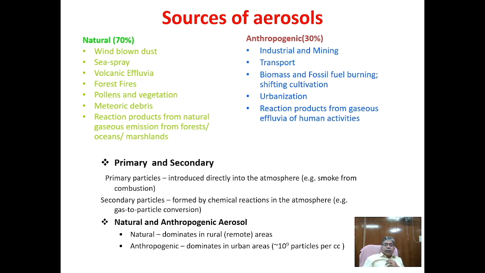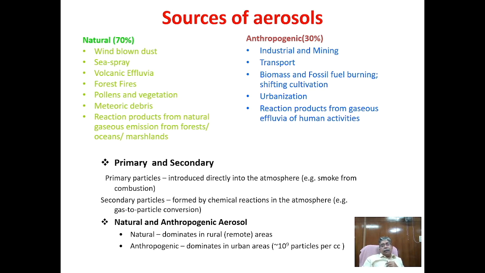So there are various sources of these aerosols which are going into the atmosphere, and they can sometimes be divided into primary and secondary aerosols. Primary aerosols are those which are introduced directly into the atmosphere, for example, smoke or from combustion. So these are the primary particles which directly contribute in the form of particles in the atmosphere.